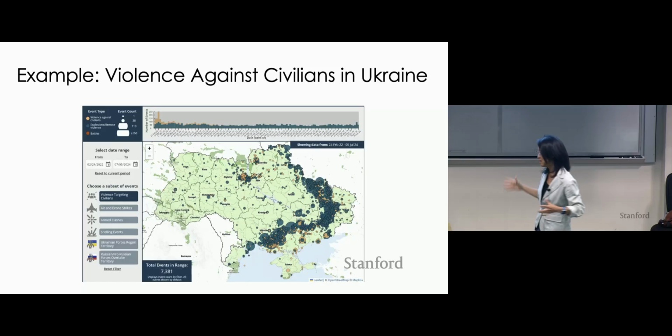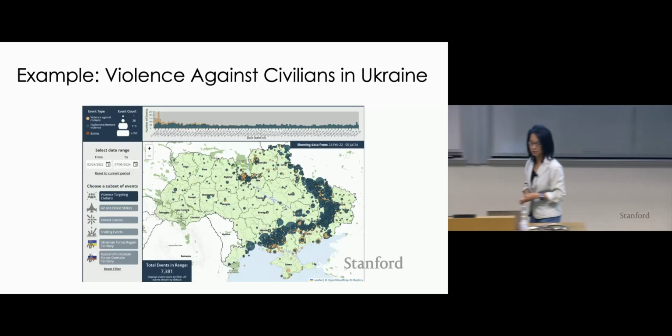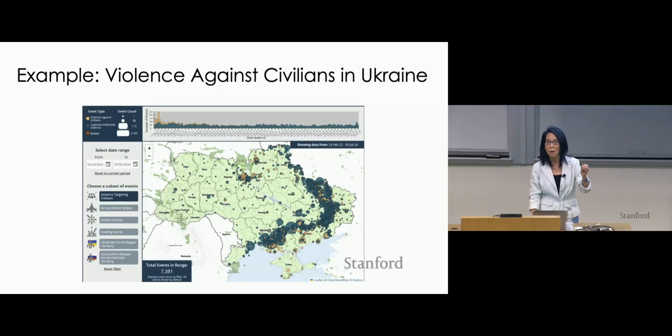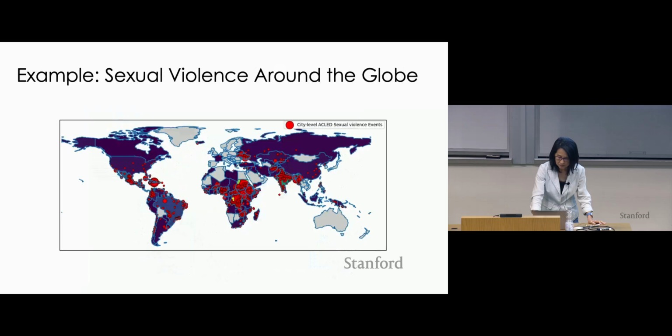And there are tons and tons of events. These are all manually coded. This is sexual violence around the globe. There is all the information. It is not everything. It is the place where they focus.